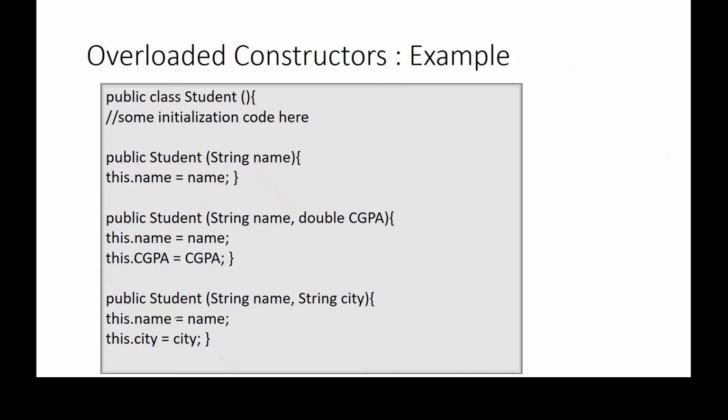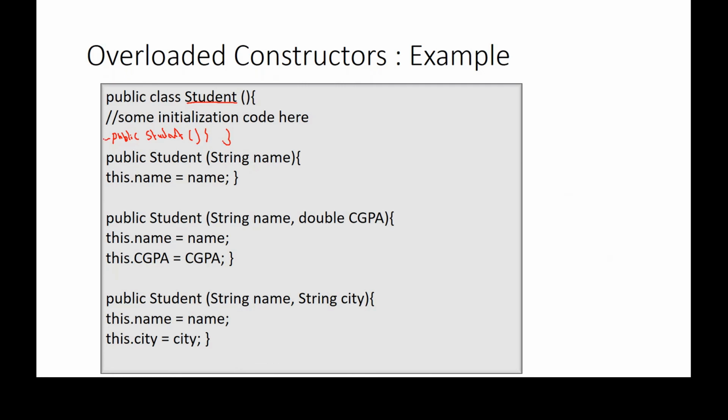I'll give you an example here. This is a class called Student. Now, I'll create the first constructor. The first one is public Student. It takes nothing and does nothing.